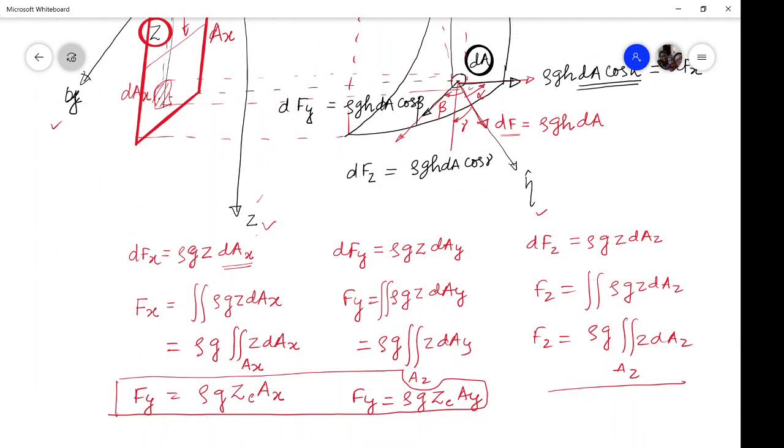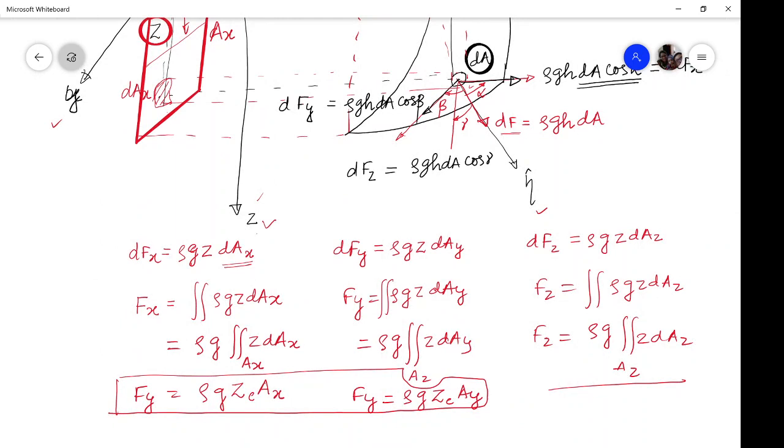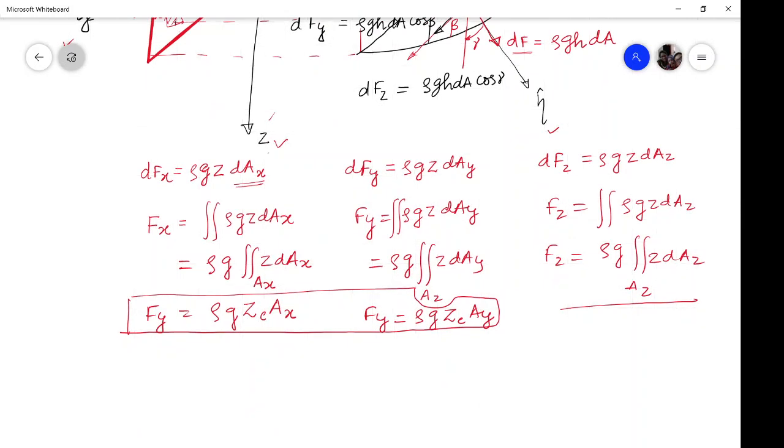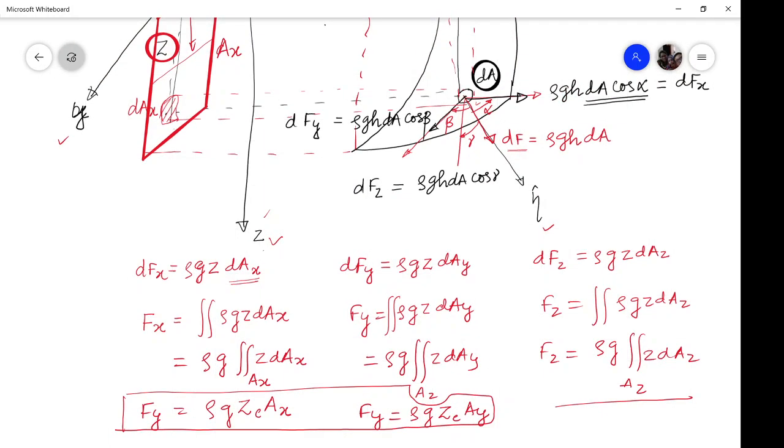In this way you can find the component of the resultant hydrostatic pressure force in any horizontal direction. This is the pressure force acting on any vertical plane normal to that particular axis.